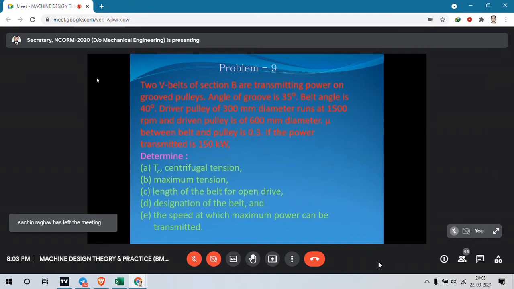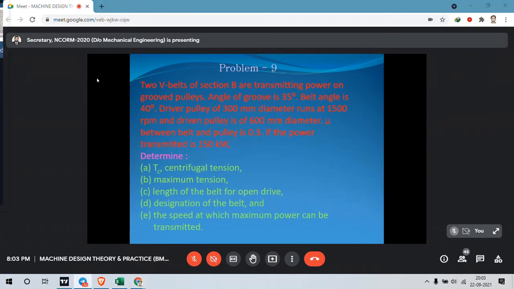The driver pulley of 300 millimeter diameter runs at 1500 rpm, and the driven pulley is of 600 millimeter diameter.